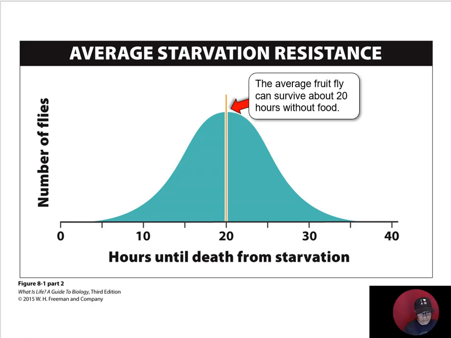Okay, so let's look at the experiment. So here we have on our y-axis the number of fruit flies, and then we have the hours until death from starvation, and the average fruit fly can survive about 20 hours without food. Okay, so that's good to know when you leave things on your counter.